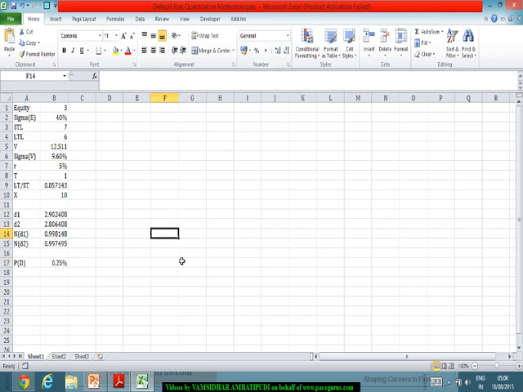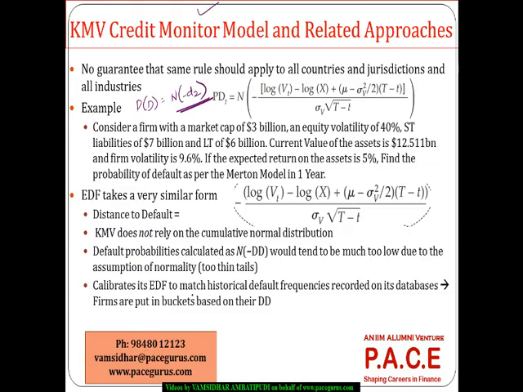When I am going with the Merton model, it is making a straightforward assumption that the probability of default is somewhere around this. Log S by X plus R plus sigma squared by 2 into T divided by sigma root T gives D1, then D2. So the probability of default is coming out to around 0.25%. That is what is typically being done using the Merton model.